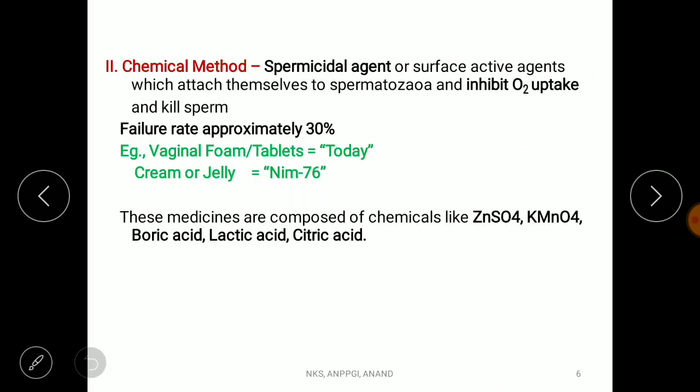All right. The second method is the chemical method. Here spermicidal agents are used, and these agents contain chemicals which bind with the spermatozoa and inhibit the spermatozoa from taking in O2, and hence kill the sperms. The failure rate of this method is approximately 30%.